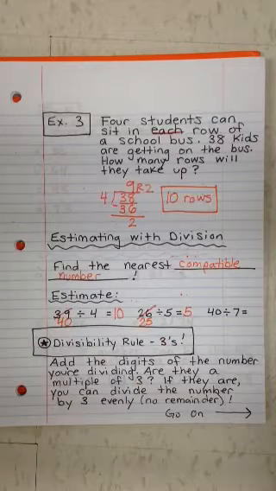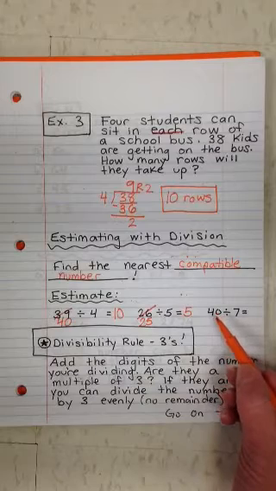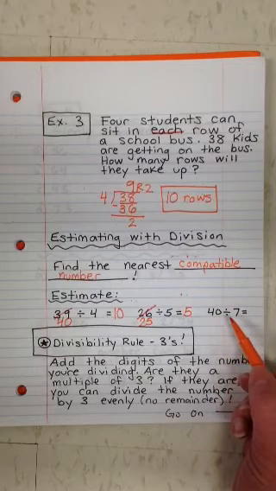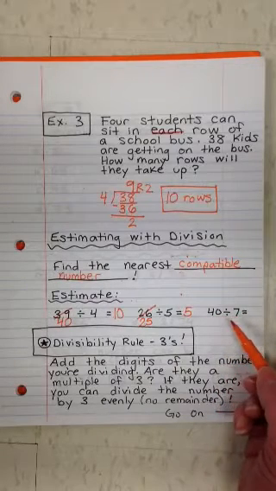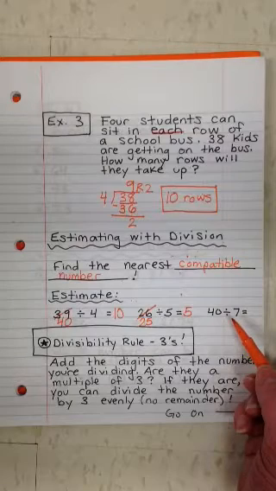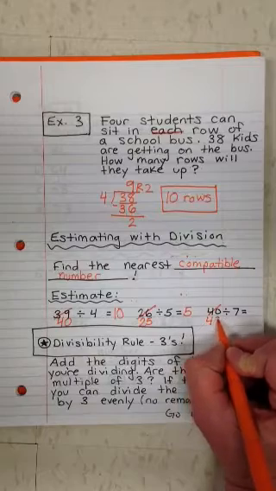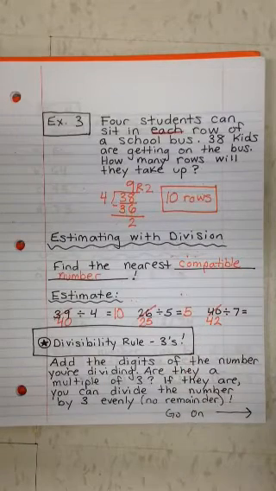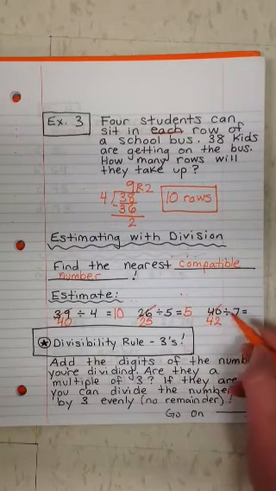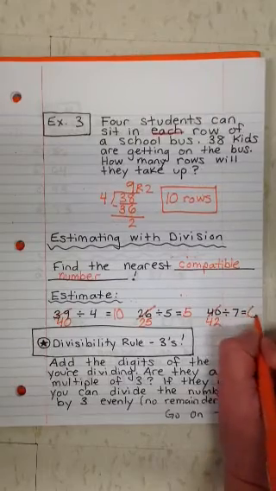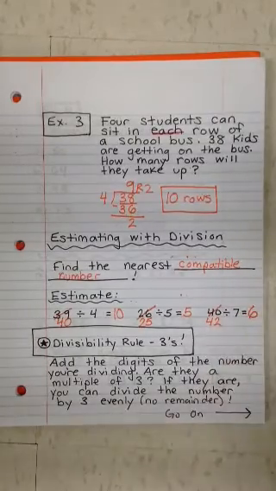So 26 divided by 5 is about 5. Now what's the closest I can get to 40 when I'm counting by 7s? 42 is the closest I can get. And 42 divided by 7 gives me the answer, 6.